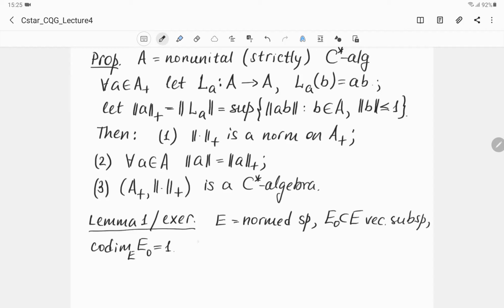Then, if E0 is a Banach space, then so is E. So if a normed space has a codimension 1 Banach subspace, then it is itself a Banach space.